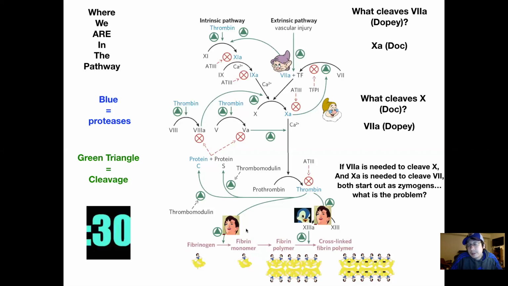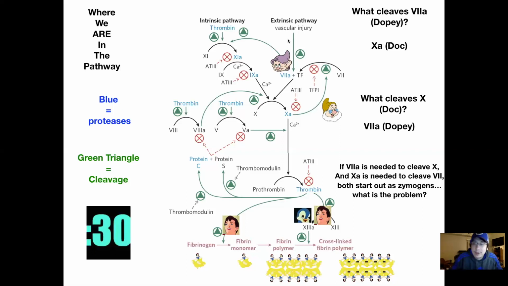And that is by and large true. In the absence of vascular damage, all of these proteases are in the zymogen form, but that creates a problem because you need at least someone to be initially activated, right? It's the vascular injury in and of itself.